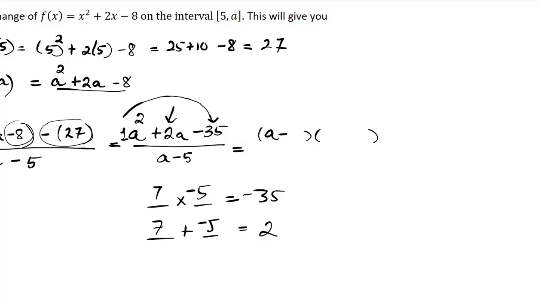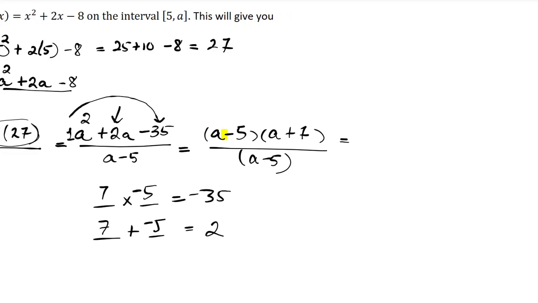So this factors into a minus 5 and a plus 7, those two numbers that we were looking for. And now divide by a minus 5. And from here, you can see that this is a common factor. So we can divide that out, simplifying the average rate of change to be the value a plus 7.